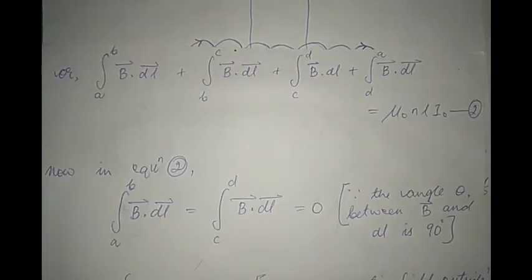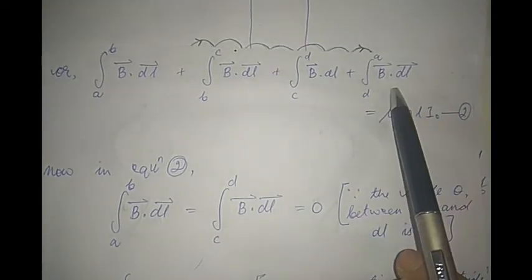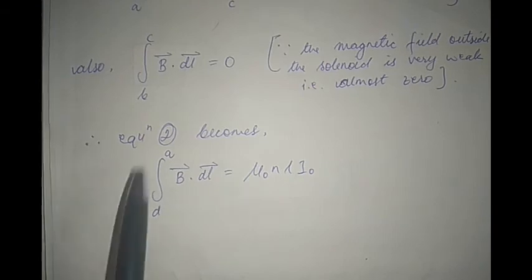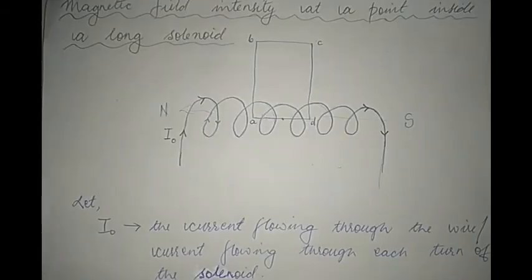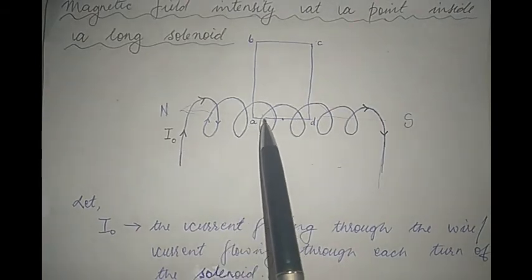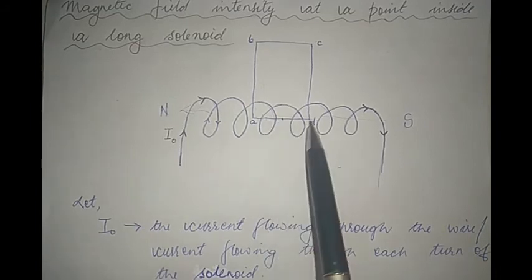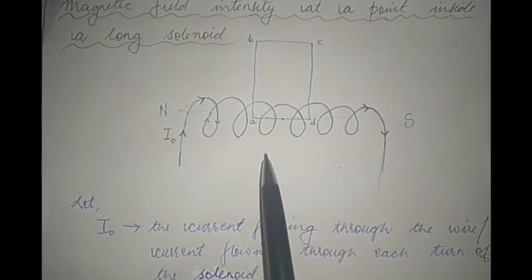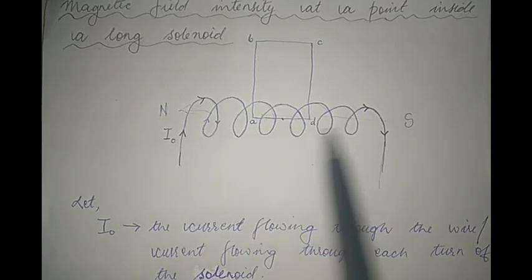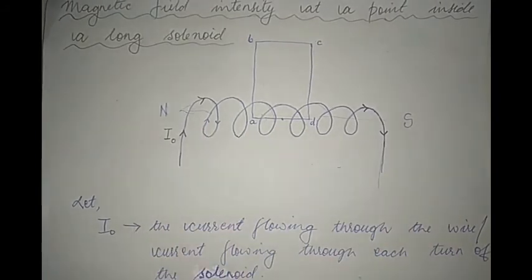So what we are only left with is the fourth term in equation 2. Now the fourth term itself is equal to mu naught N L I naught. So integration of B over dA is equal to mu naught N L I naught. Now we are integrating the magnetic field over dA. So when we consider a small elemental length along dA, you can see that the direction of the elemental length and the magnetic field is the same.